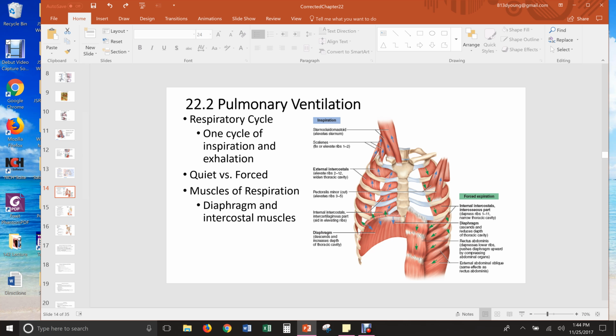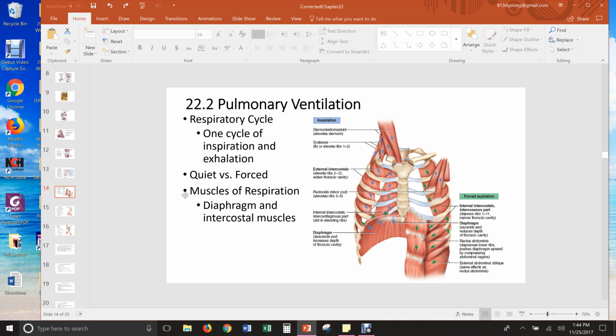When we look at what's happening, pulmonary ventilation, the ventilation of our lungs, for every inspiration and expiration, this is termed a respiratory cycle. So each breath in, each breath out. We're going to see that the ventilation, the breathing, can be termed quiet or forced.